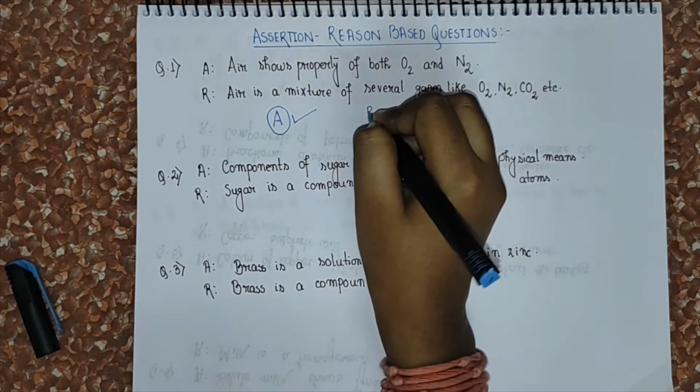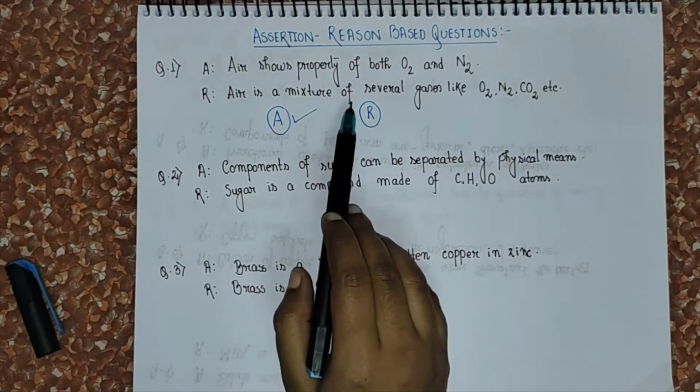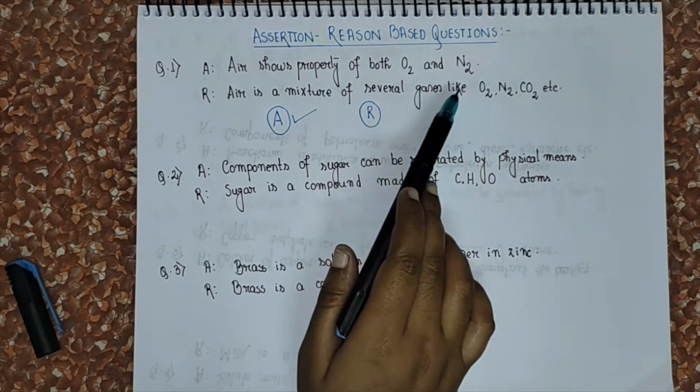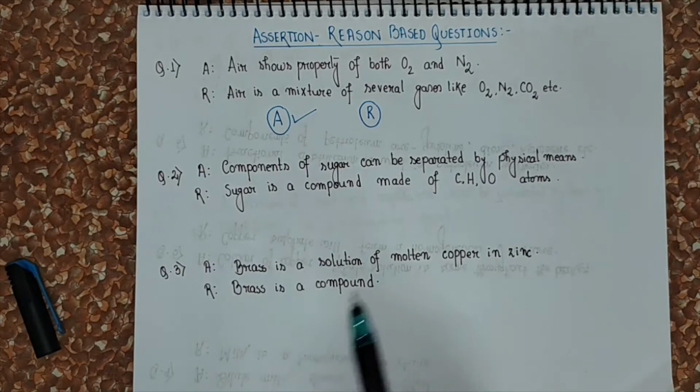And what about the reason? The reason says that air is a mixture, and that is why it shows the properties of both oxygen and nitrogen. Yes, the reason is also correct, because in a mixture all the participating elements exhibit their properties.